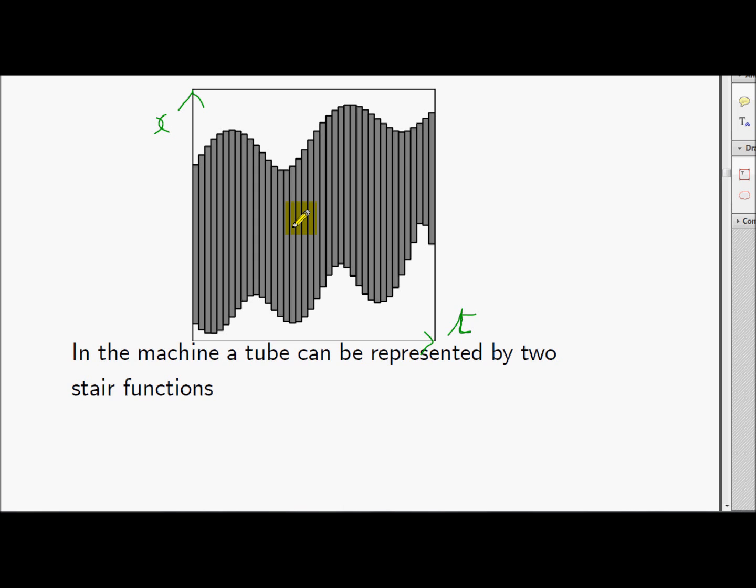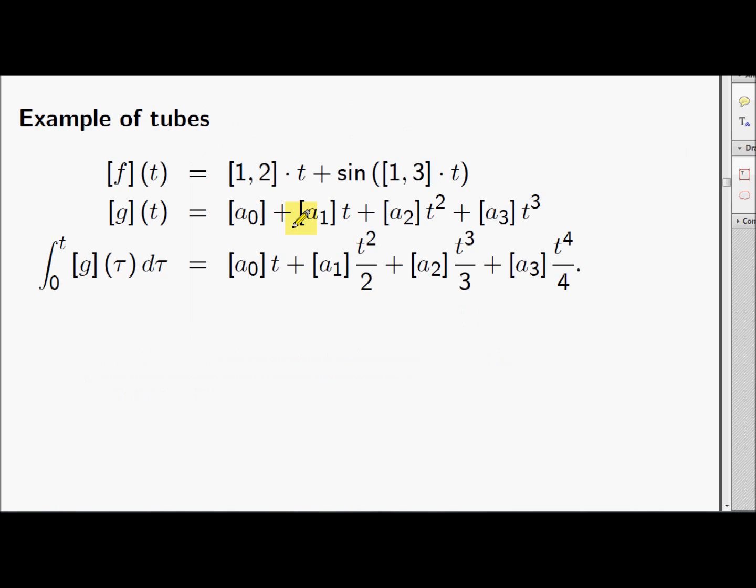There are other possibilities, mainly presented by Moore. You can represent a tube by a function which depends on time t, but which involves some intervals to represent the uncertainty of some parameters, for instance.